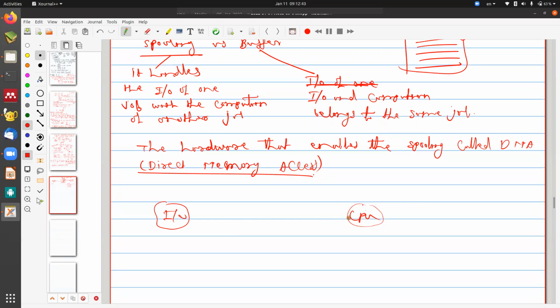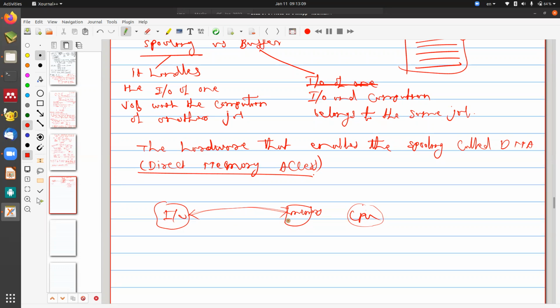So it is executing and wants to transfer. This is my memory, and the transfer has to take place in between. Then the CPU tries to get involved, saying I'll do this operation. But while doing this operation, the CPU is not doing any other work. Rather, most of the time it becomes idle because this work is going on.